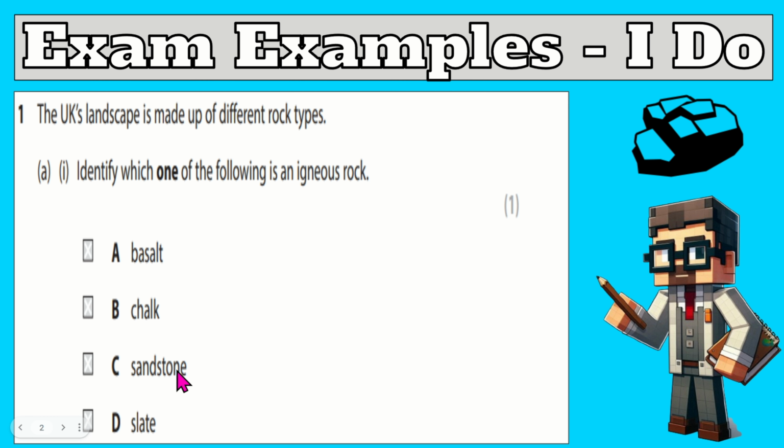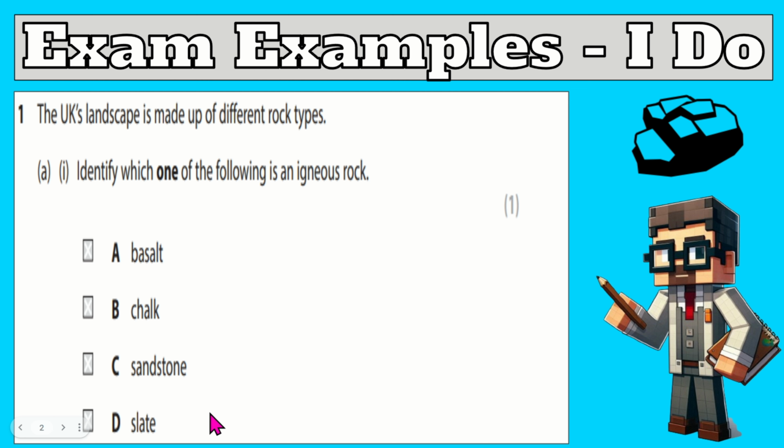Well, I know sandstone, tiny bits of sediment being squished together to form sandstone. That is a sedimentary rock. I also know that chalk is made up of tiny shells and bones from animals that died, sea animals that died millions of years ago. So again, that is sedimentary rock. So these two I'm crossing out. Okay?